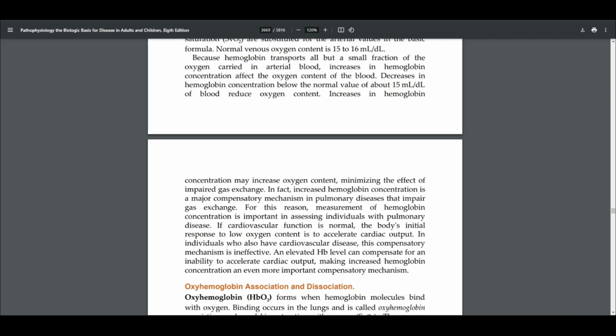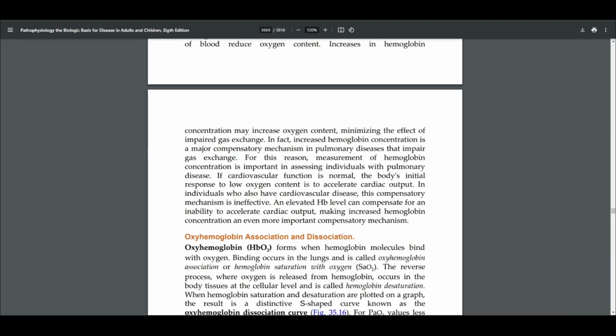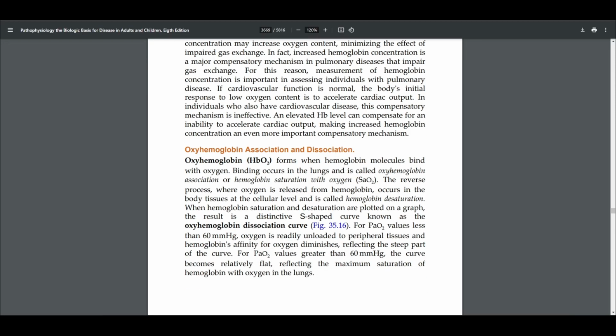Increases in hemoglobin concentration may increase oxygen content, minimizing the effect of impaired gas exchange. In fact, increased hemoglobin concentration is a major compensatory mechanism in pulmonary disease that impairs gas exchange. For this reason, measurement of hemoglobin concentration is important in assessing individuals with pulmonary disease.